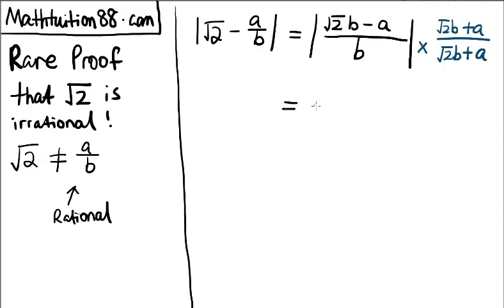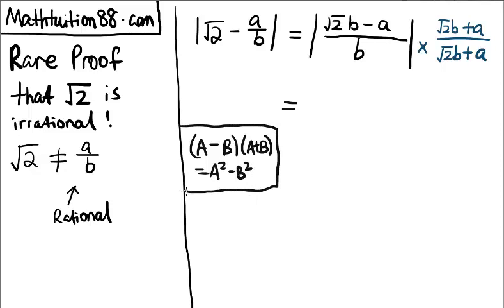The fraction on the top, here we need to use this identity, a minus b times a plus b equals a squared minus b squared. This is just a side note to explain how we arrive at the final answer.